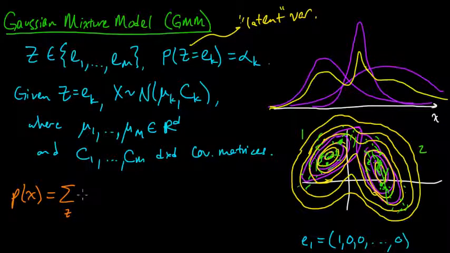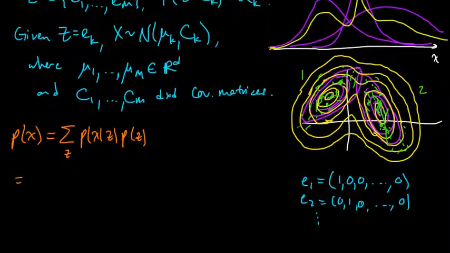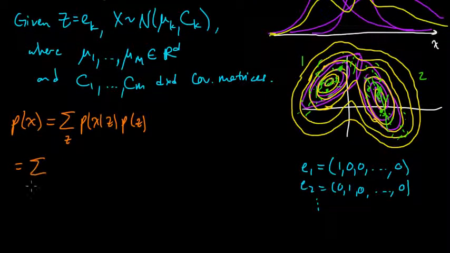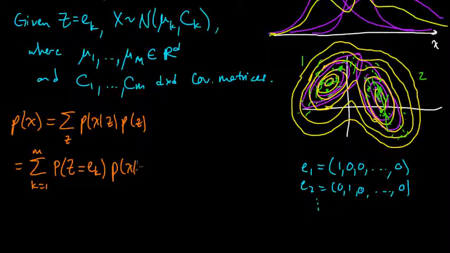And so this is the sum over z's of the probability of x given z times the probability of z. And z can take m possible values. So we could write this as a sum as k goes from 1 to m of the probability that z equals ek times the density of x given that z equals ek, and that's a normal.